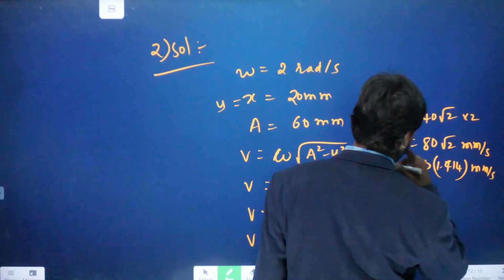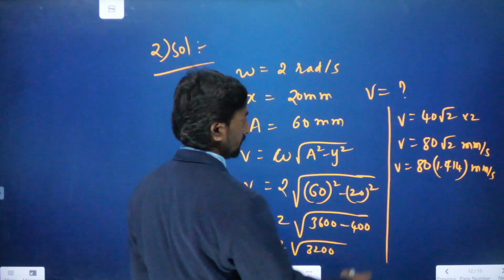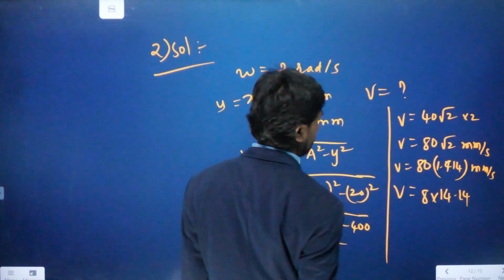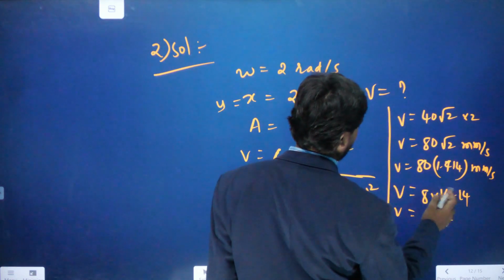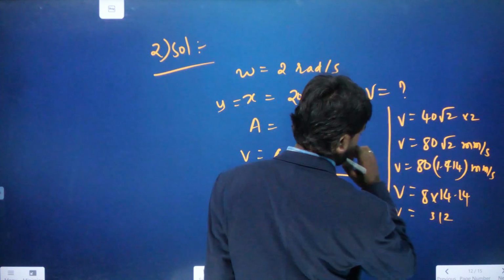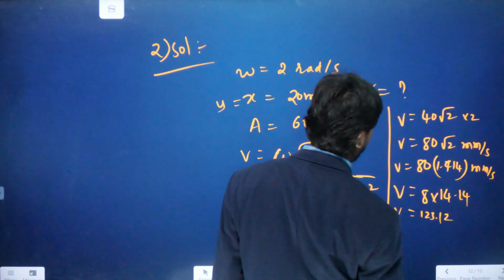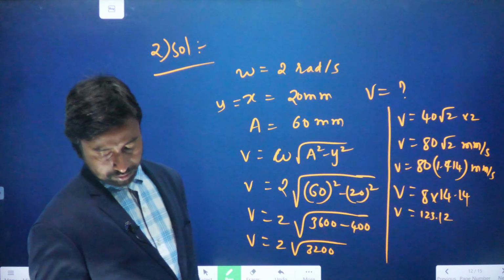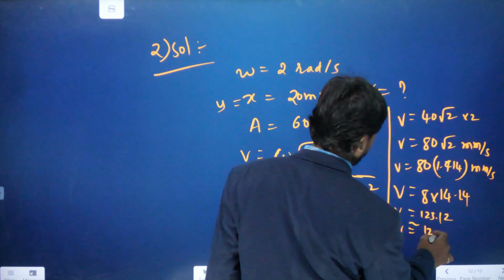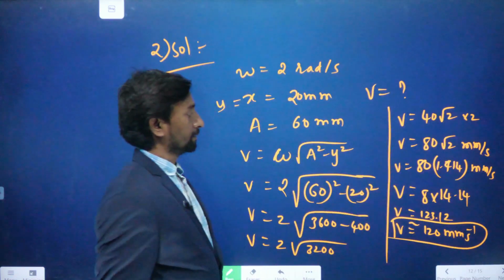Approximately 113, so V is approximately equal to 120 millimeter per second.